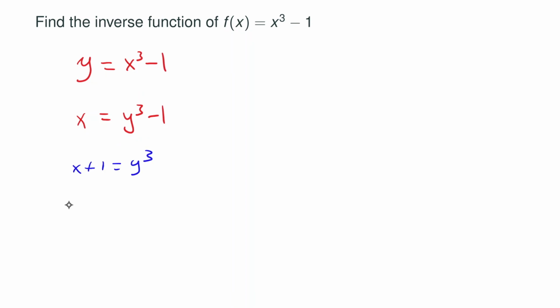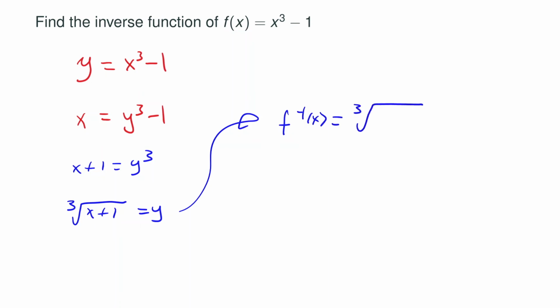And we can take the cube root of both sides, like this, to isolate y. The final answer, again, we don't leave in y. We have to write it in terms of f inverse of x equals the cube root of x plus 1. So this is the inverse function of this function.